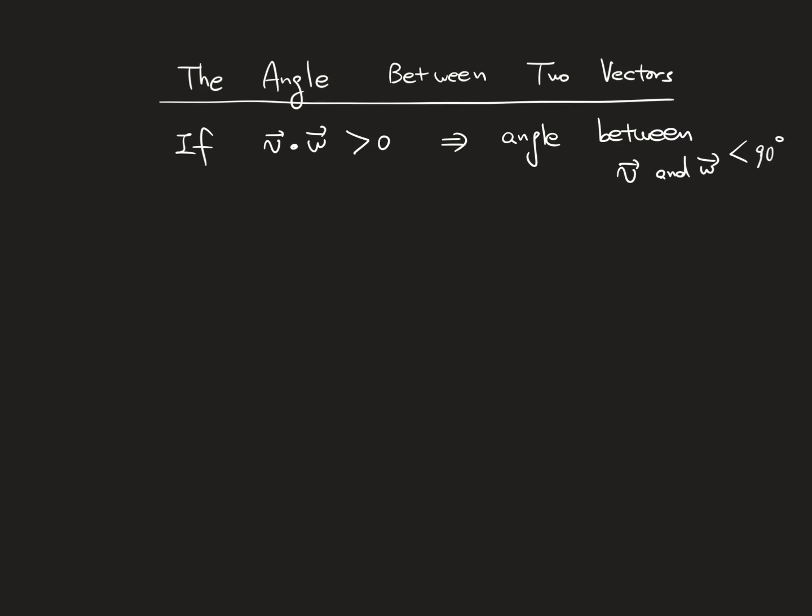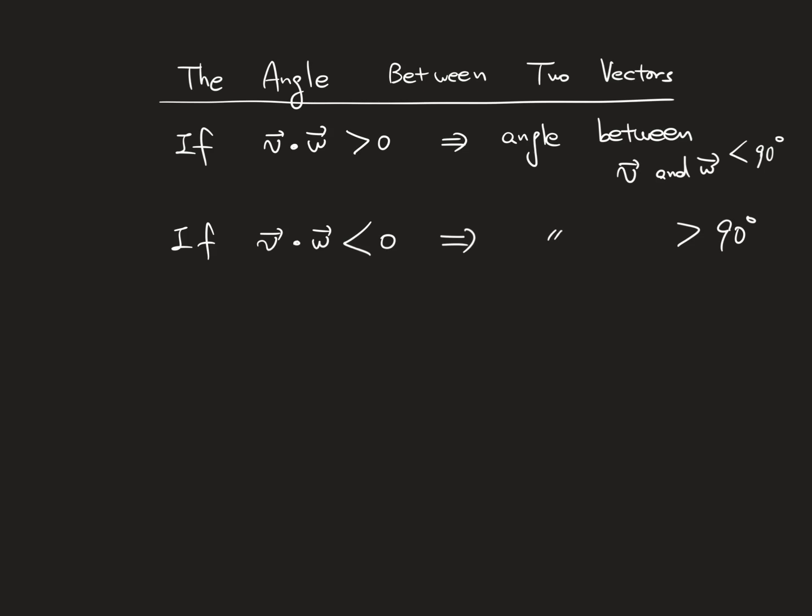Okay, and if the dot product of v and w is less than 0, negative, then the angle between v and w is greater than 90 degrees.